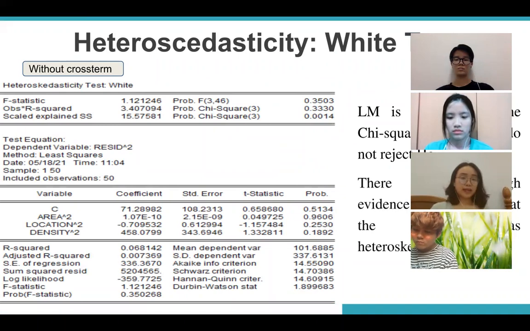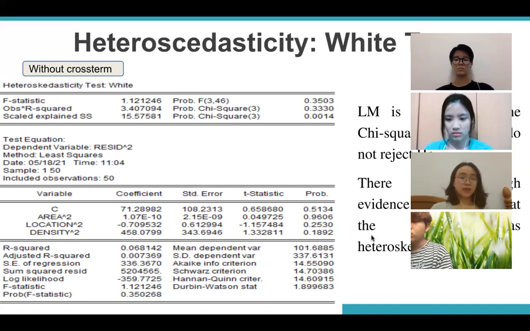With the White test without the cross term, we can see that the LM is equal to the observations multiplied by the R-squared, which is equal to 3.407. The LM is smaller than the chi-square, so we do not reject H0, and we can conclude that there is not enough evidence that the model has heteroscedasticity.